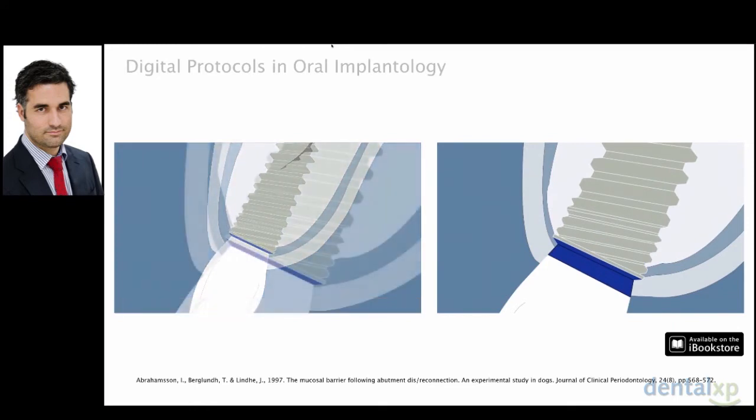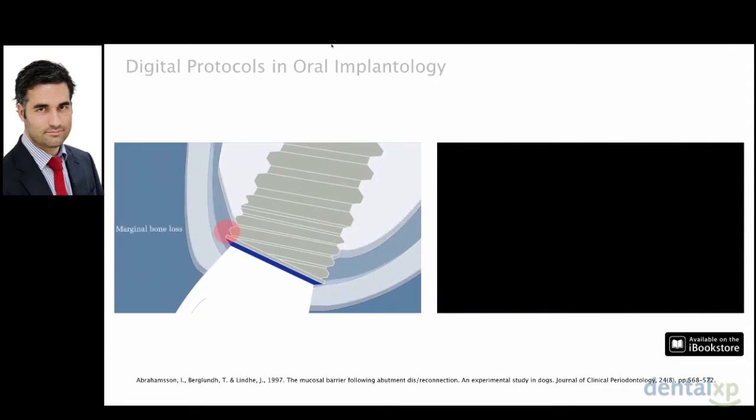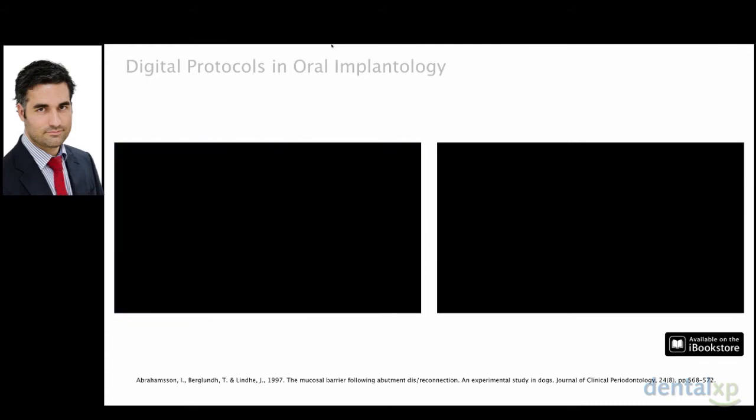To avoid that recession, you can use an intermediate abutment, and you will manage your emergence profile just above your biological width. That is very important to avoid recession, and if you are managing aesthetics, that is a very important issue.